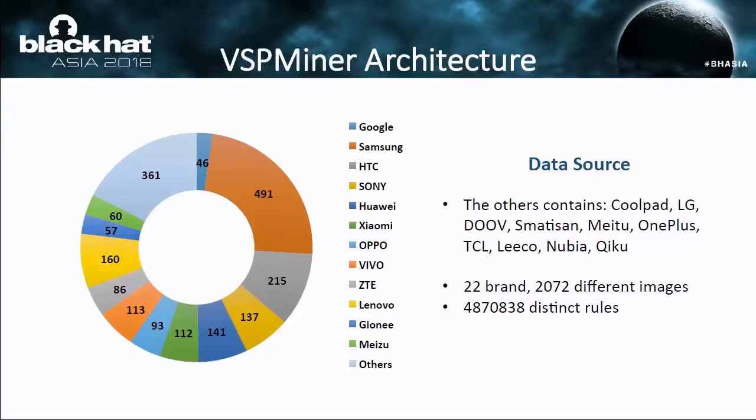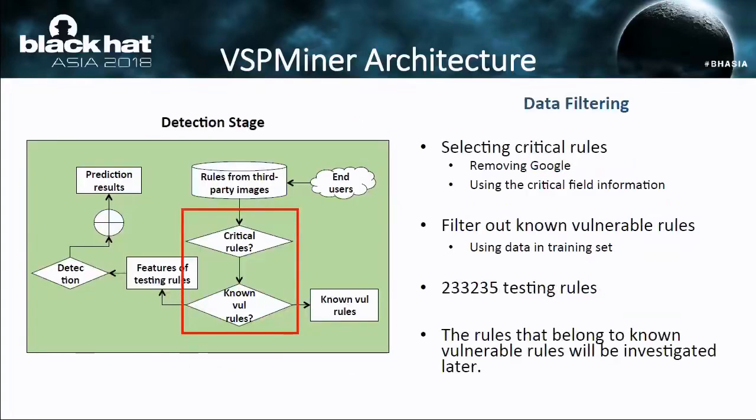So we will select the image with the least rules, and we will combine all the rules together and get about 5 million different rules, and this is also used in the training stage. For features, we can extract the weight information from these large-scale distinct rules. After this, we will do the data filtering.